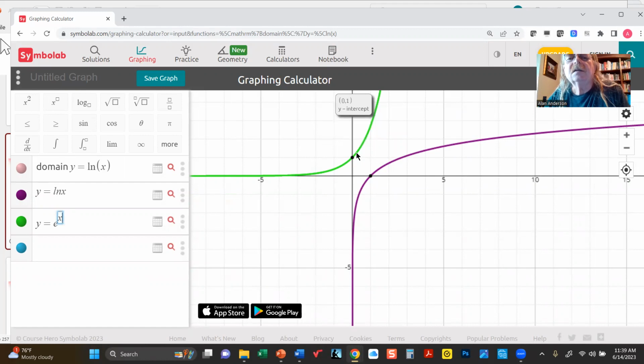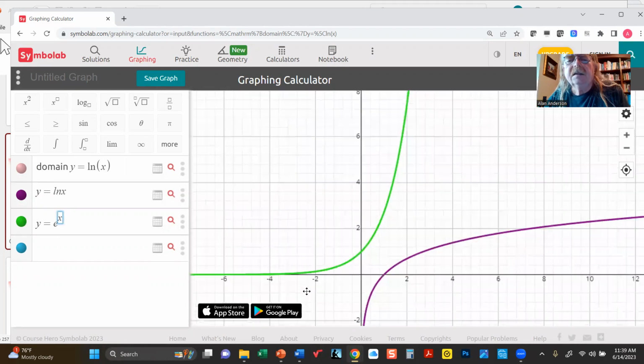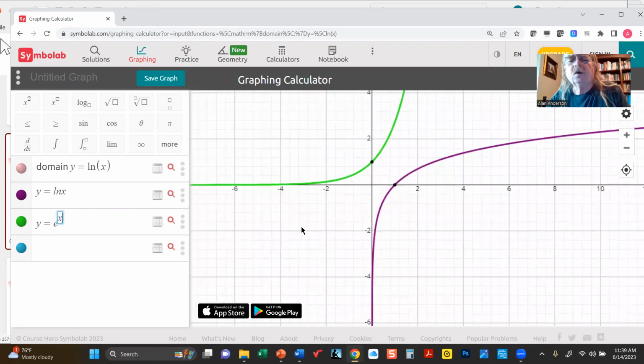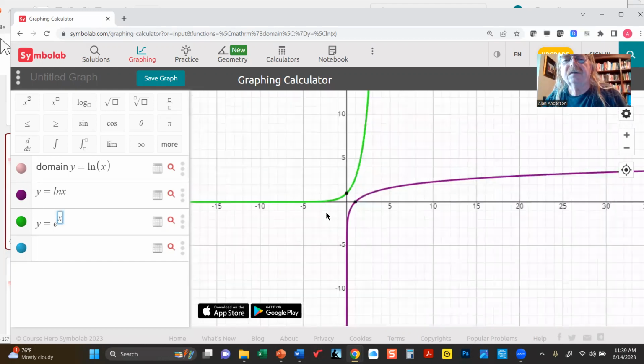But this one, the green one, is y equals e to the x. If you look at them carefully, if you could imagine drawing a straight line through the origin, the two curves are symmetrical. They're mirror images of each other across that line. Okay, so you can see visually that they do appear to be inverses of each other.